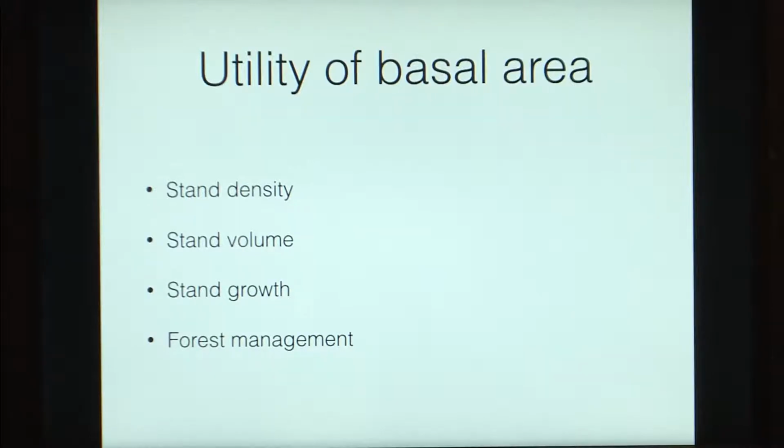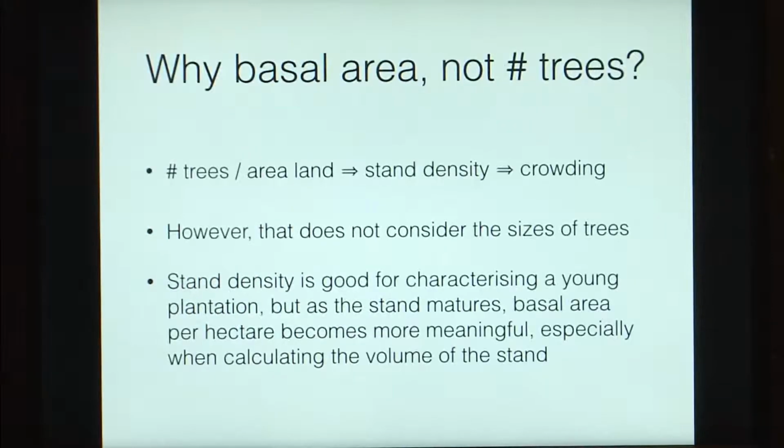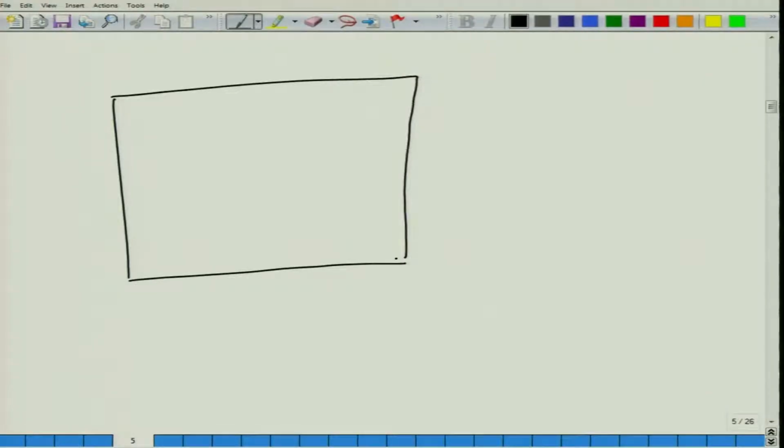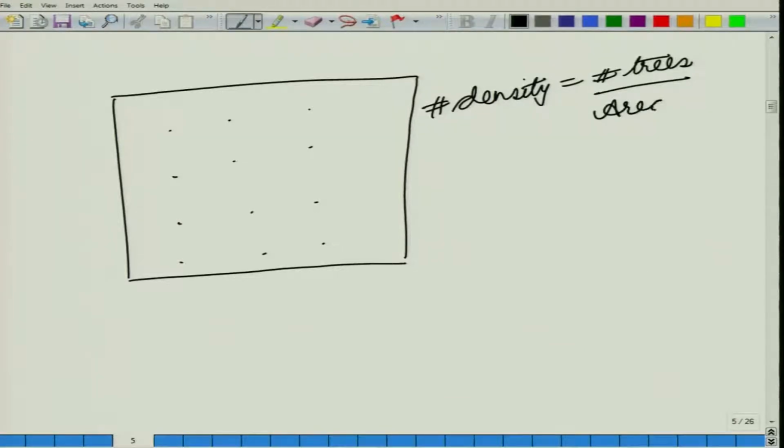So, now the next question is, why do we take basal area and not the number of trees? So, for instance, if you had a plot of land, so this is your plot of land, you could count the number of trees that are there in the plot of land, and you can find out the number density, which is equal to the number of trees upon the area of the sample plot.